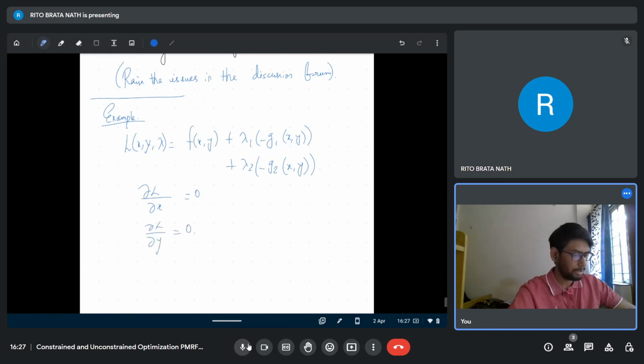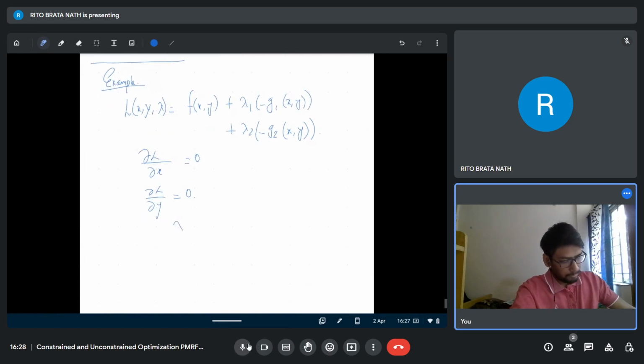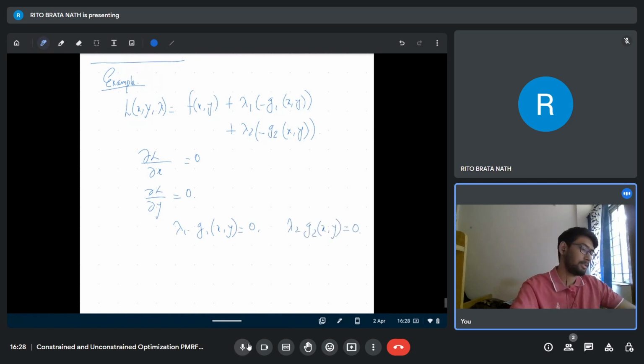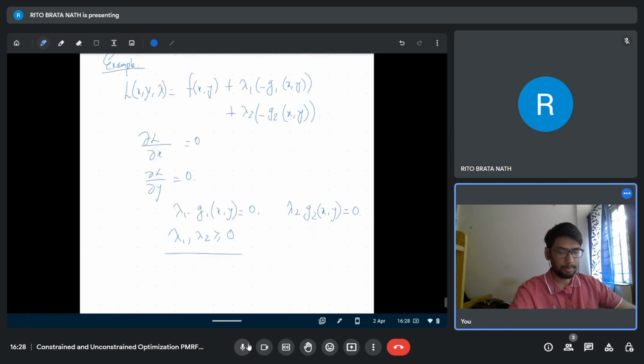But you need not set del L by del lambda 1 and so on to be 0, because these are inequality constraints. Complementary slackness gives you that condition instead, and you have the primal and dual feasibilities, so lambda 1, lambda 2 are greater than or equal to 0. You have to keep these things in mind to solve the problems next week.